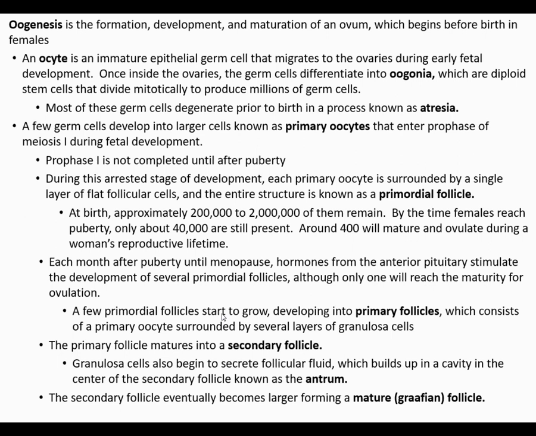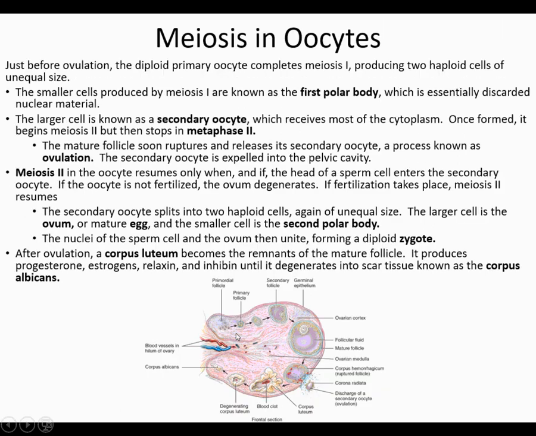Each month after puberty, until she reaches menopause, hormones from the anterior pituitary will stimulate the development of several primordial follicles, although only one will reach maturity for ovulation. A few primordial follicles start to grow, developing into primary follicles, which consist of primary oocytes surrounded by a couple layers of granulosa cells.